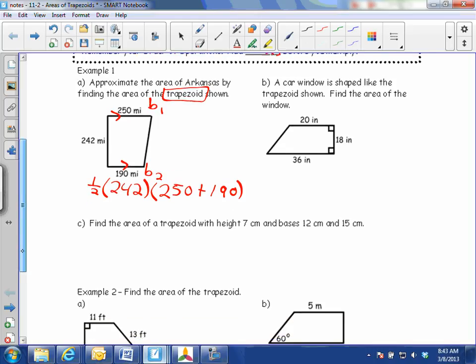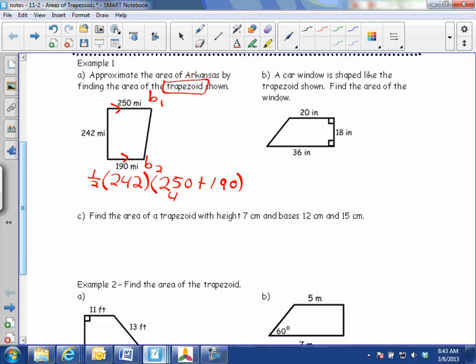That would be 440. 440 times, and then I would take half of 242 just because it's an even number and it's easy to do that. So 121 times 440, which is 53,240.